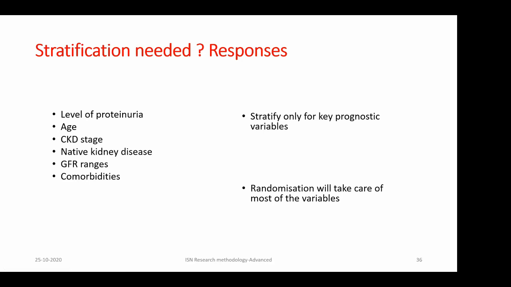So if I am designing the study, the only strata I would put is diabetic versus non-diabetic kidney disease, because we know that GFR progression is somewhat steeper in diabetic kidney disease compared to other glomerular diseases. And if I'm planning to include patients on SGLT2 blockade, I would include that as a strata at this point, and I might not include another strata. Again, stratification might not be needed if you are recruiting a trial with large numbers. There is a tendency that most of the key variables will be even with larger numbers.